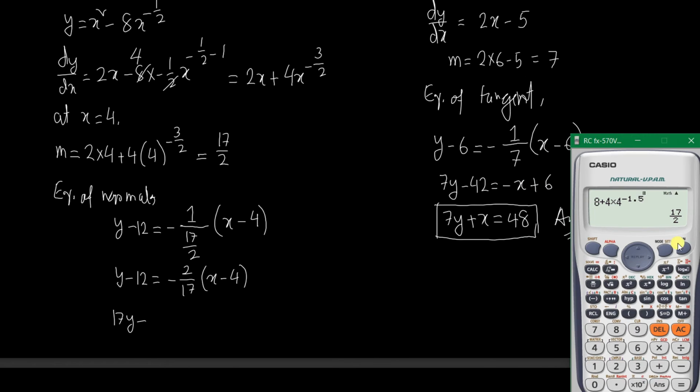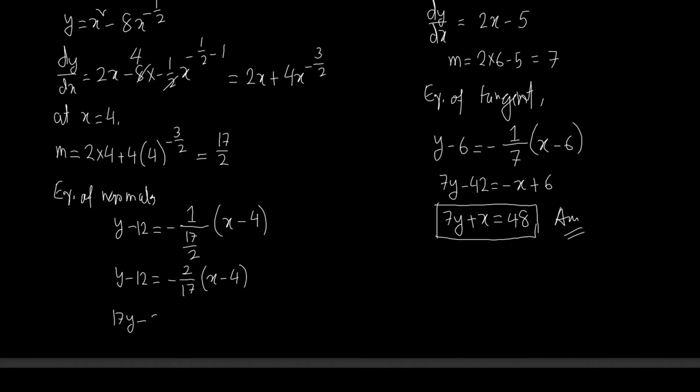What is the value of 12 into 17? Let me take help from the calculator. 12 into 17, we got the value 204. Let me write 204. Then on the right side multiply with minus 2, which gives minus 2x, minus minus plus 8.